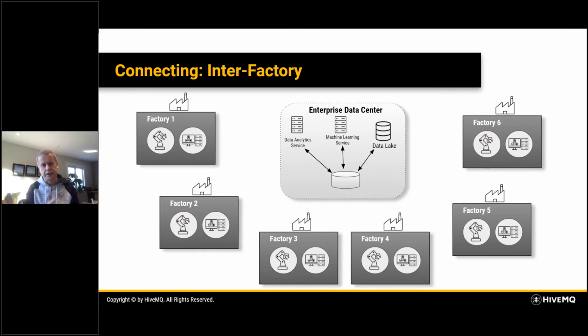So you can look at trending information between factories and have a central view of your overall manufacturing environment, but each factory is also relatively autonomous in its operation. Those are the two patterns that we see within our customer set.